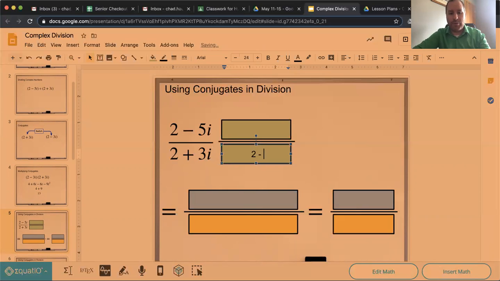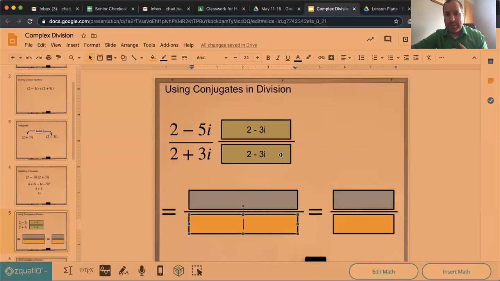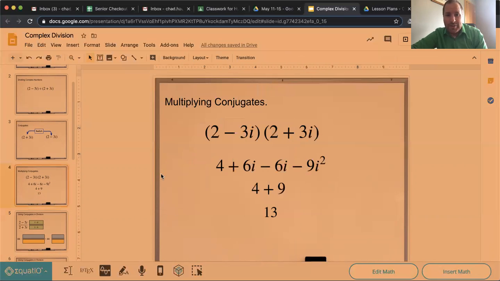So here I'm going to put 2 minus 3i because that's the conjugate of the denominator, and I've got to do that to both spots. I've got to put it on both the numerator and the denominator in order to keep that balanced. So now we can multiply the denominator stuff through, which, guess what, we already did this part, right here. So I'm not going to do it again.